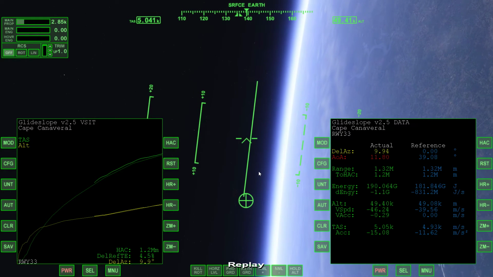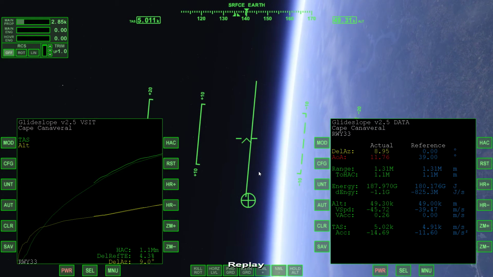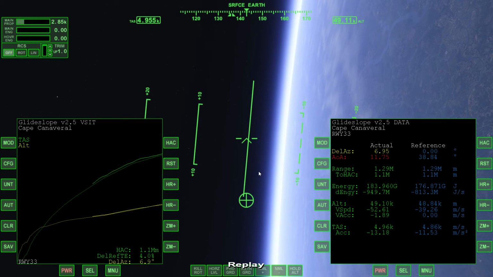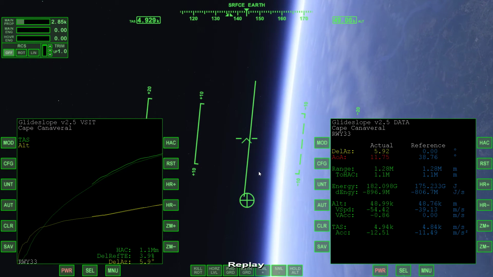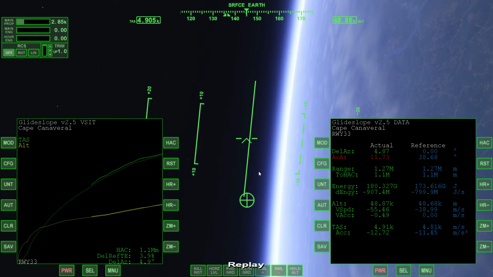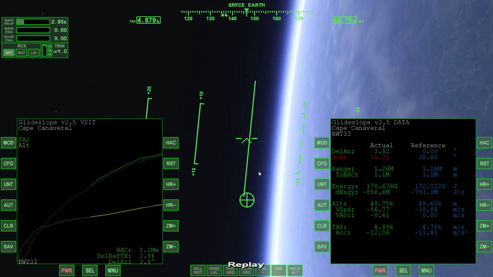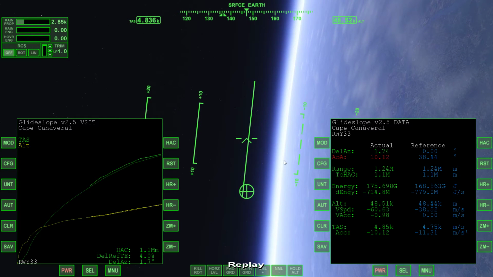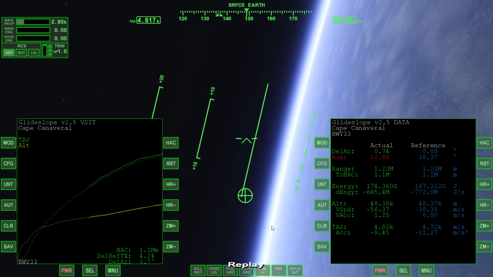So I deploy the air brakes during that process just to help keep our speed under control. You want to roll over as quickly as you can, but you don't want to just sling it over real quick because you could rip the wings off the aircraft. That would not be good.